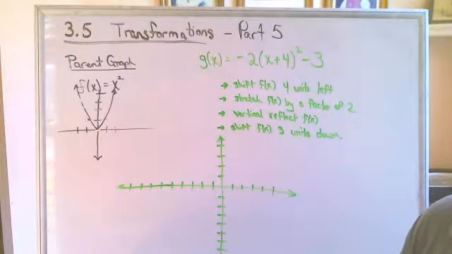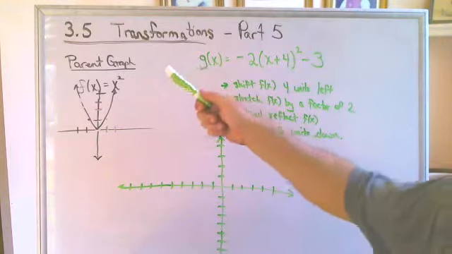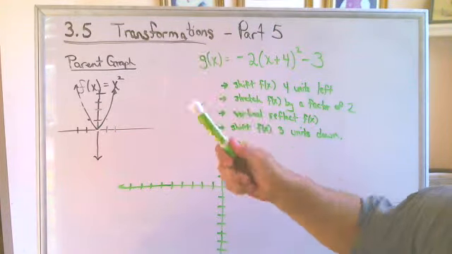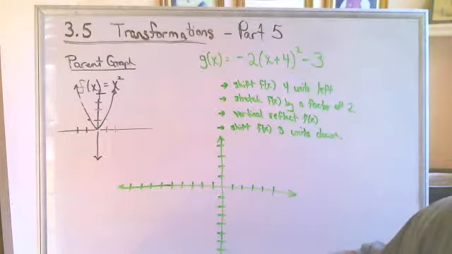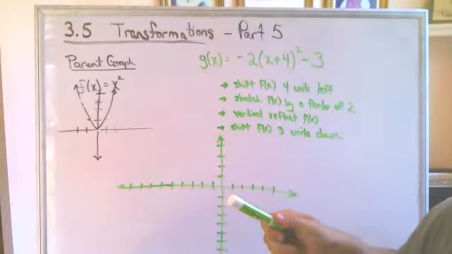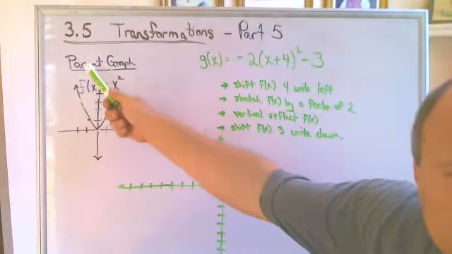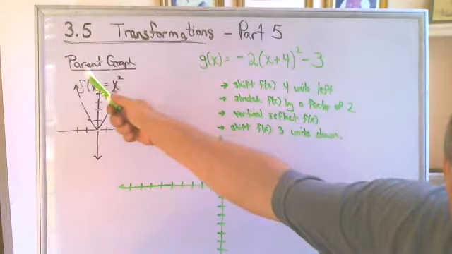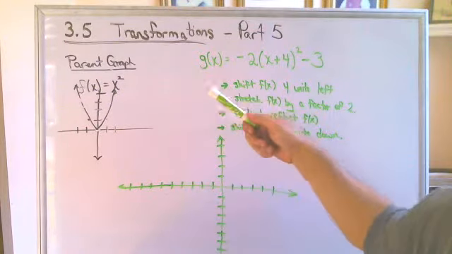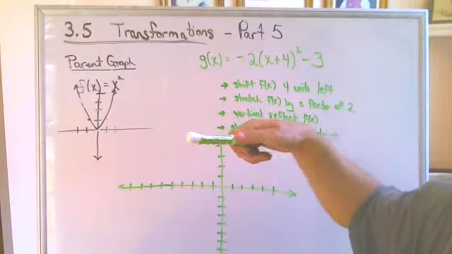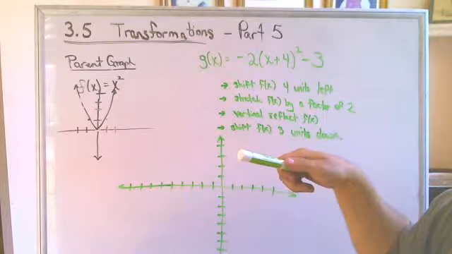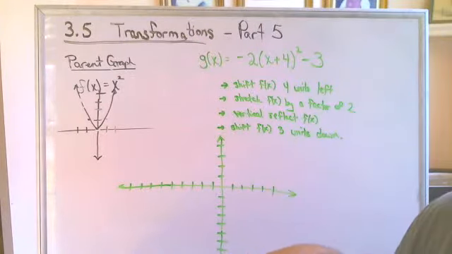Now, every time you have a transformation, I call the transformed function a child graph, because I call these parents. So if these are parent graphs, every time you transform a graph, that is a child graph. In other words, the child looks kind of like the mom and dad.